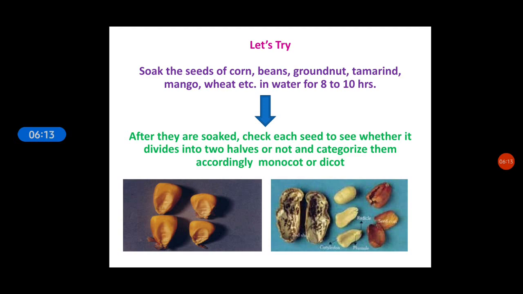Soak the seeds of corn, beans, groundnut, tamarind, mango, wheat, etc. in water for 8 to 10 hours. After they are soaked, check each seed whether it divides into two halves or not, and categorize them accordingly, monocot or dicot.